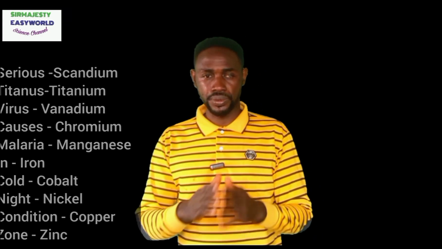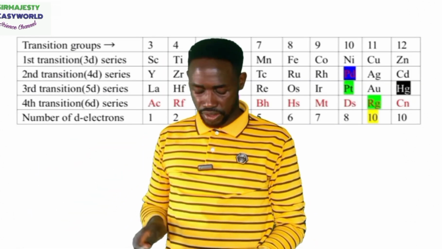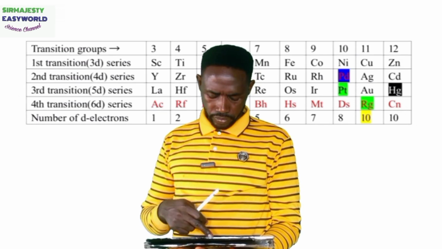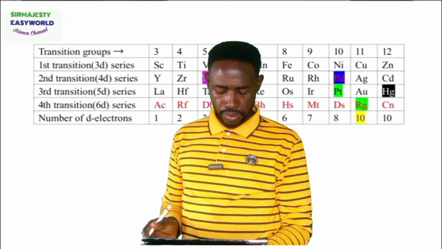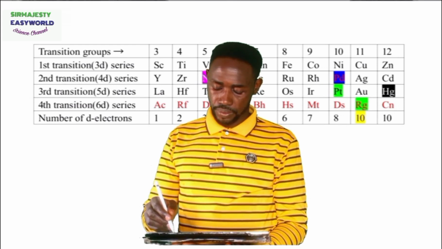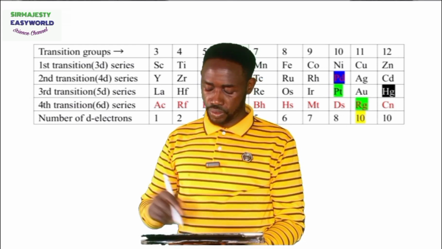So let me show you the configurations over here. As you can see on the screen, on the table, what we are going to do now is I will be giving you the number of d electrons. Over here, we will do our counting.